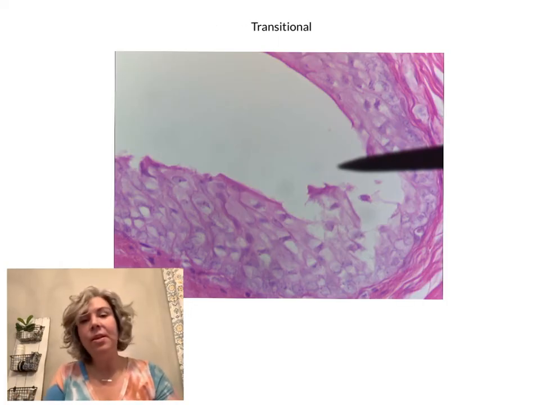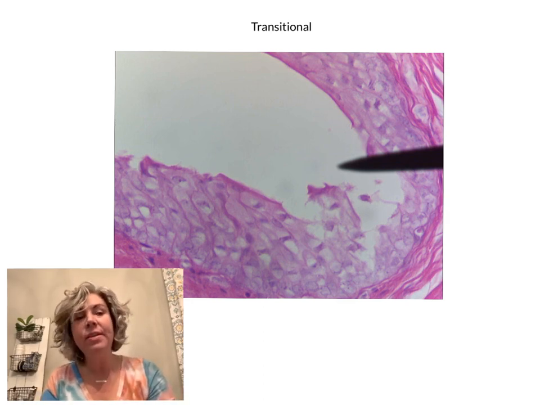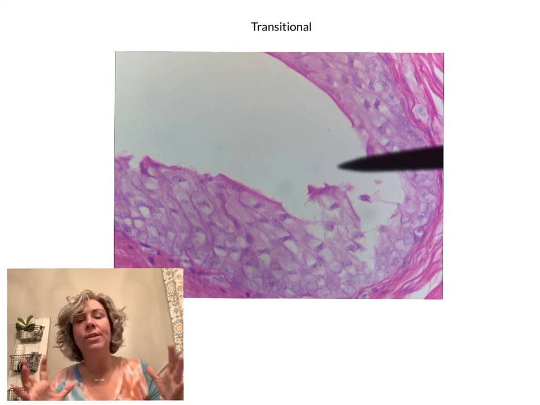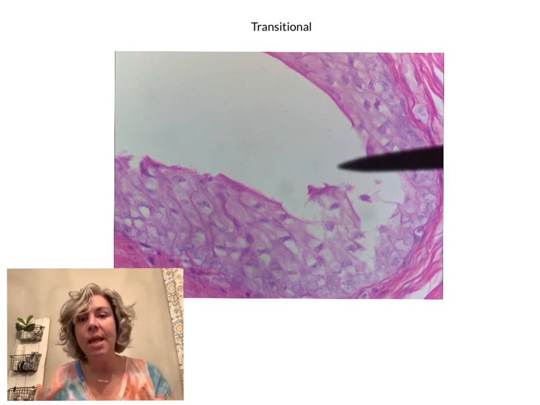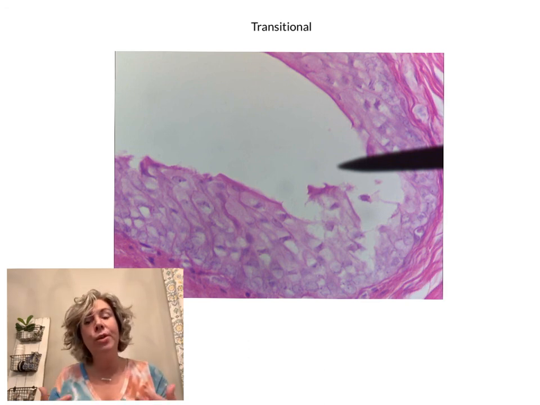Our last epithelial tissue is called transitional. Transitional is a type of stratified epithelial tissue, and it gets its name because it's found in organs that stretch. So it literally transitions, it changes depending upon the size of the organ. The main location you need to recognize for transitional is the urinary bladder.